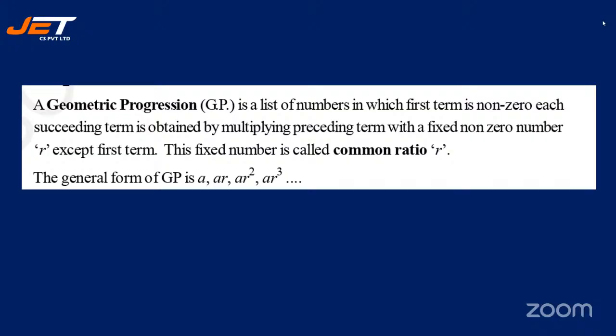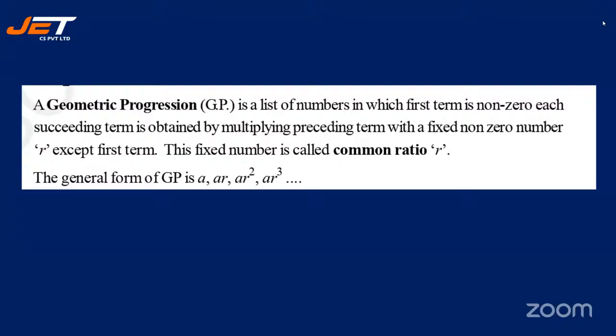This number is called the common ratio. The general form of a geometric progression is a, ar, ar square, ar cube, ar power 4, and like that it goes. If you need to find the common ratio r, we take the second term divided by the first term.